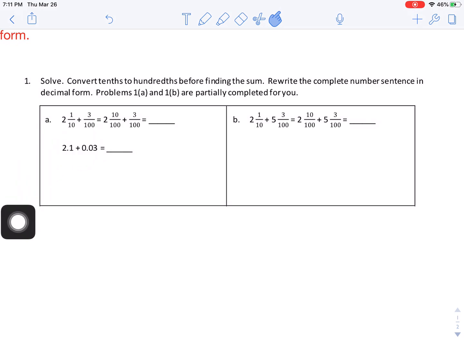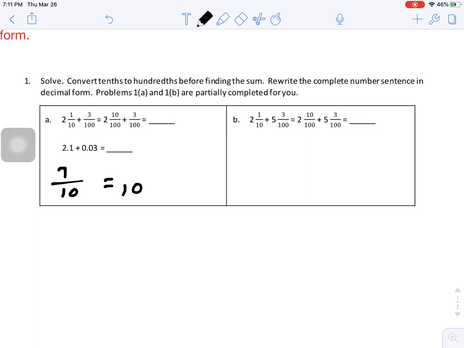In order to solve it, you must turn your tenths and hundredths into equivalent numbers, or the same numbers. So you can see here that they had 2 and 1/10 turned into hundredths. Remember, we learned to do this by going 1/10 into hundredths.